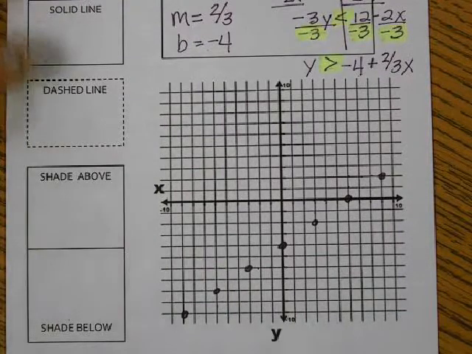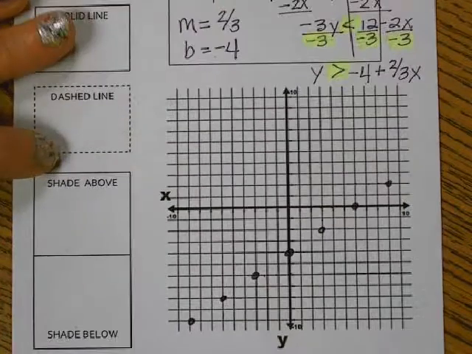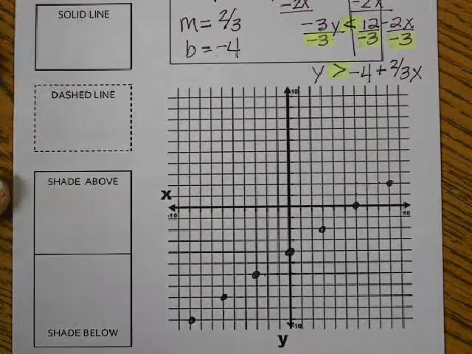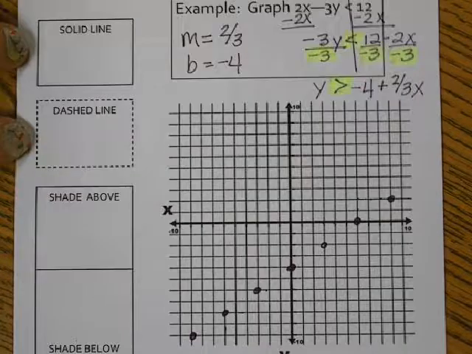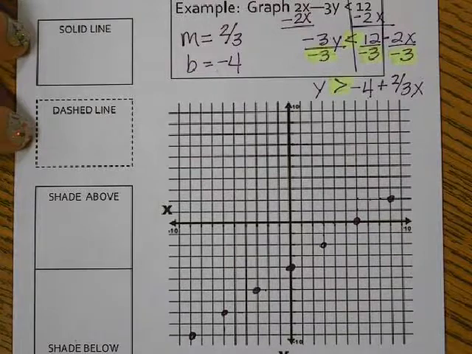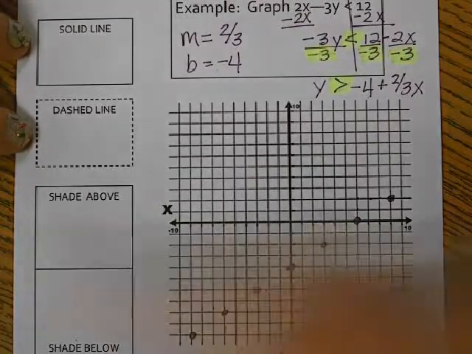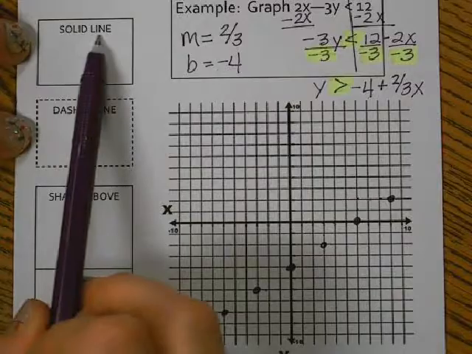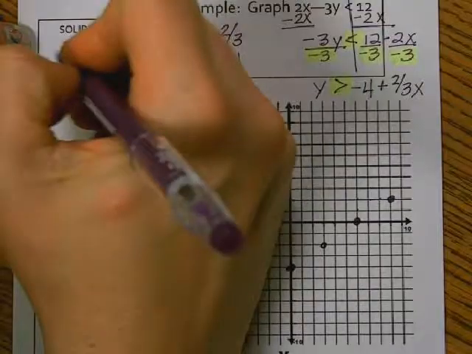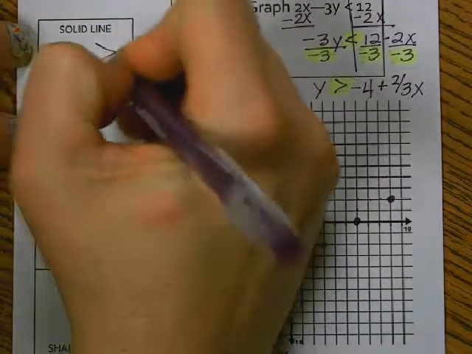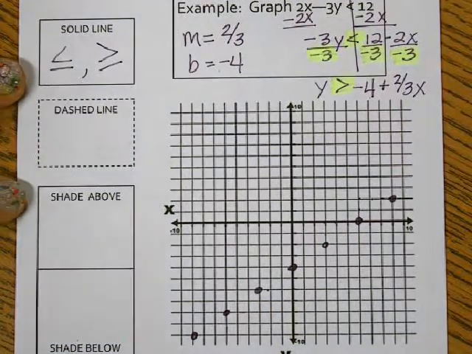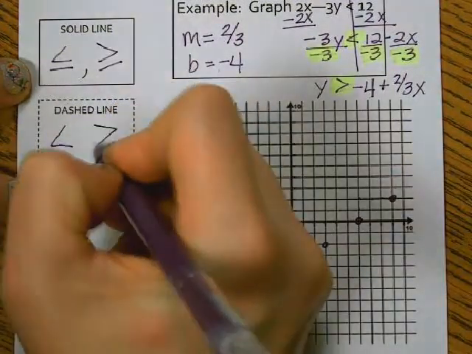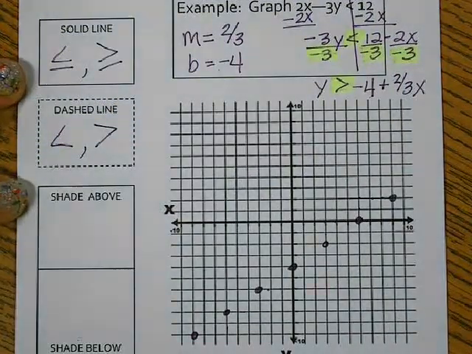The next thing that we have to do is determine whether or not we have a solid line or a dashed line. Just like when we were graphing before, and we would have to determine if the dot was solid or open, that's what we're going to talk about here. So a solid line is when it's or equal to, and a dashed line is when it's not equal to. Okay?